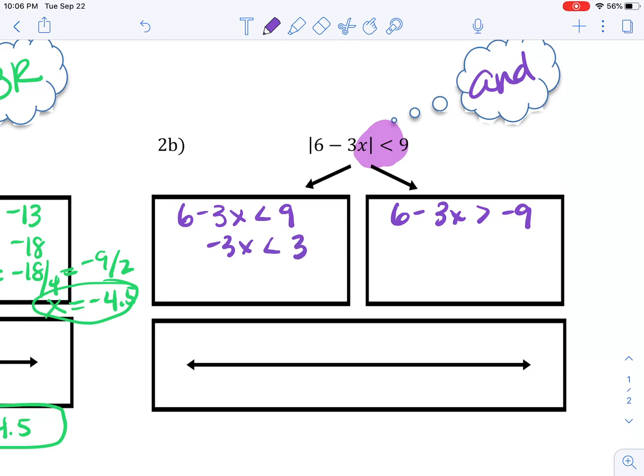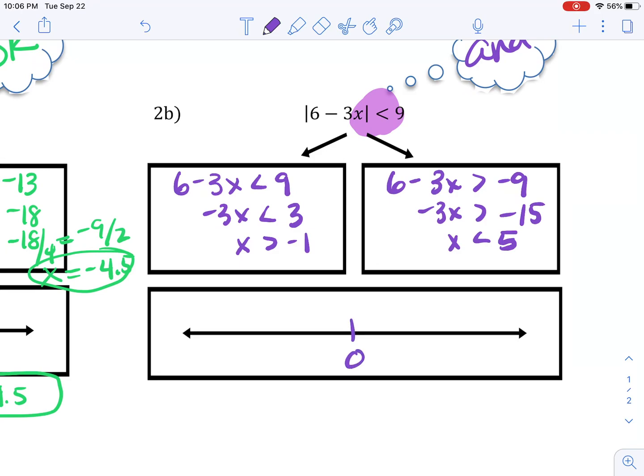Subtract 6 from both sides. Divide by negative. Oh, remember, divide by a negative. Switch the direction of the sign. All right, subtract 6. I'm going to get negative 15. Divide by negative 3, switch the sign, and that's going to become positive 5.